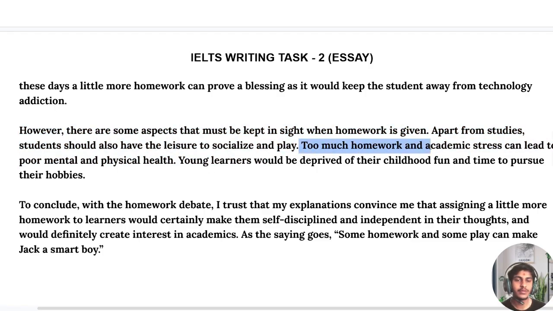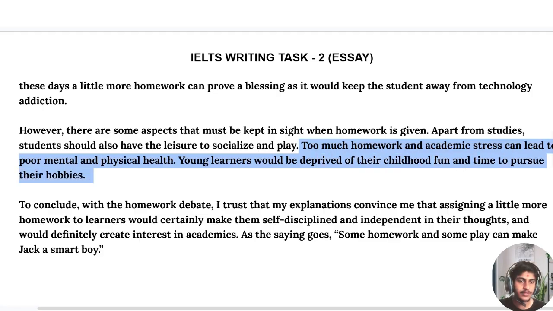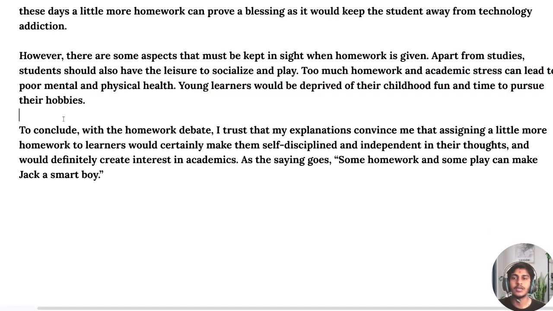Too much homework and academic stress can lead to poor mental and physical health. So young learners would be deprived of their childhood fun and time to pursue their hobbies. And now our counter argument paragraph is over, and then we move to the conclusion paragraph.